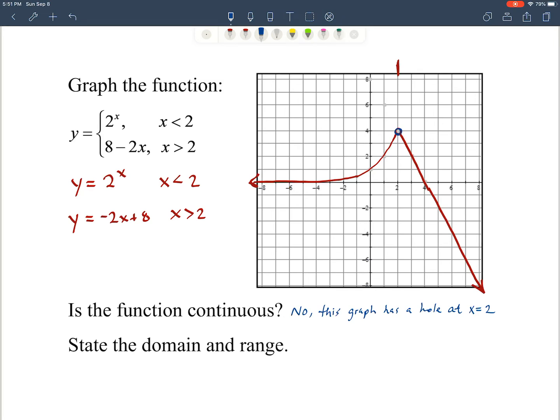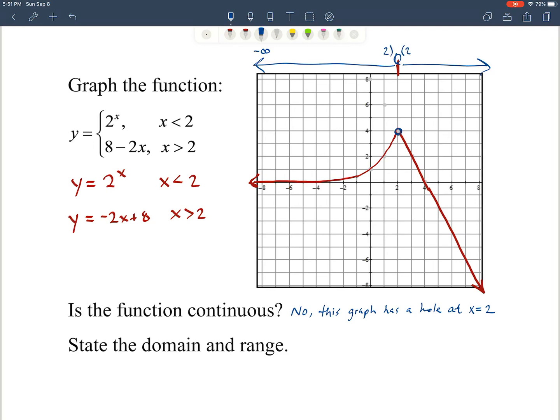And then they ask us to state the domain and range. All right, well, we've done some of these before, right? Our graph is broken into two parts. We've got all this part of the domain this way, and we've got all the domain on this side, but we're excluding that value in the middle. So if we were going to write this out, this is negative infinity over here, all the way up to 2, but excluding 2.